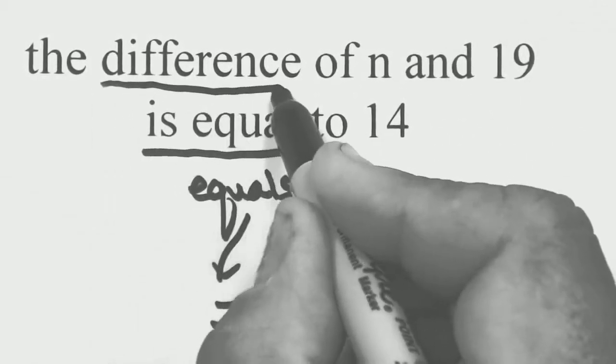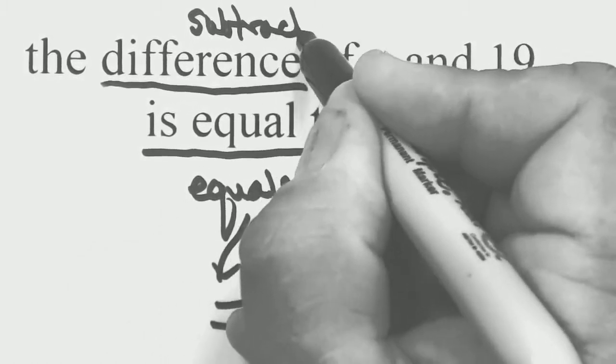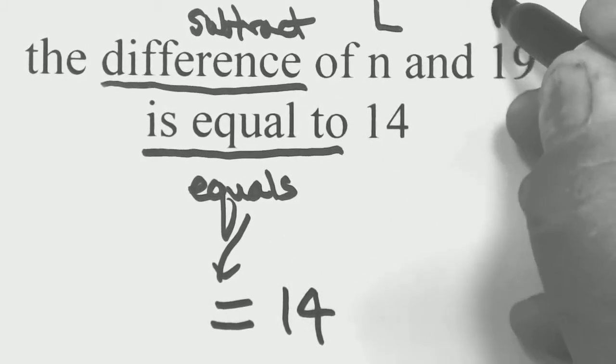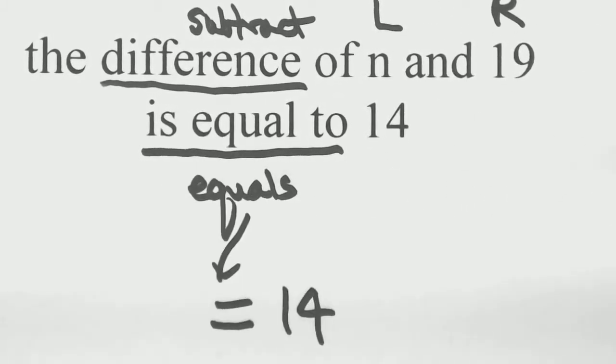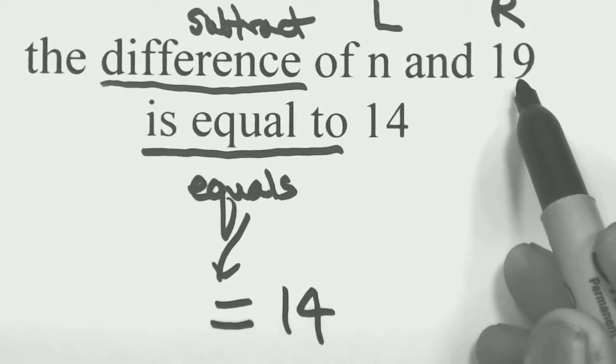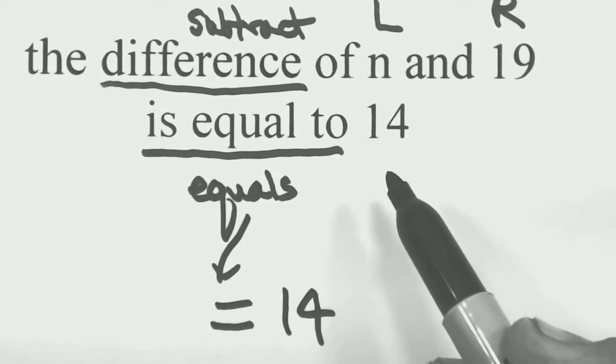Difference, of course, means subtract, but it is the special word where we assume correct left to right order. And as I've mentioned to you before, if you ever use the word difference in words in a problem, you have to give the following values in correct left to right order, because that's exactly what folks are going to assume.